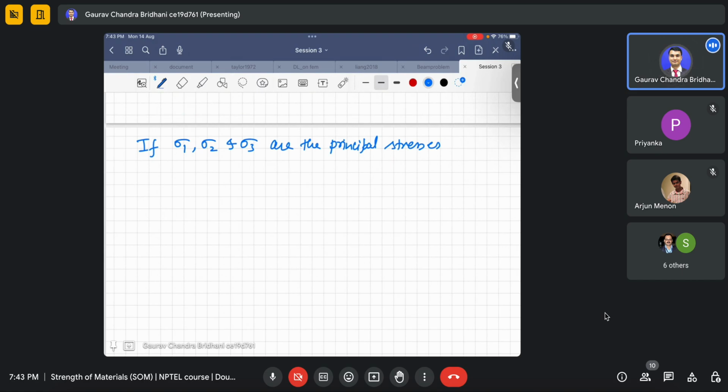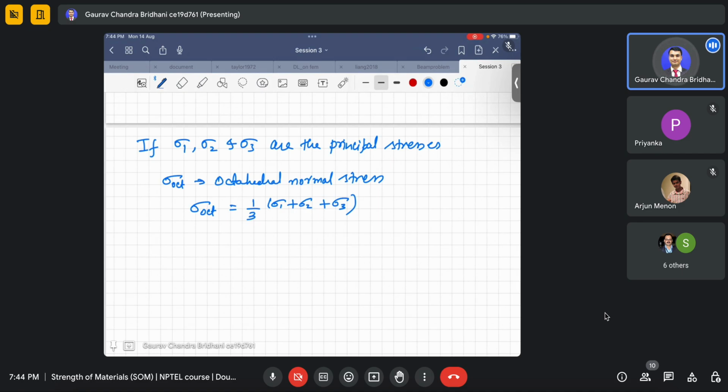The sigma octahedral, that is the octahedral normal stress, will be 1 by 3 (sigma 1 plus sigma 2 plus sigma 3).